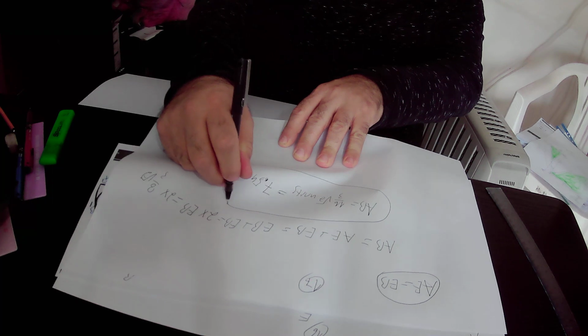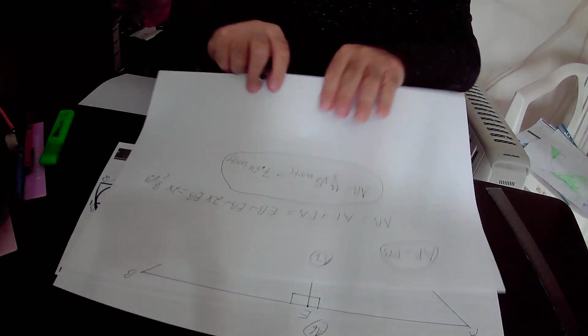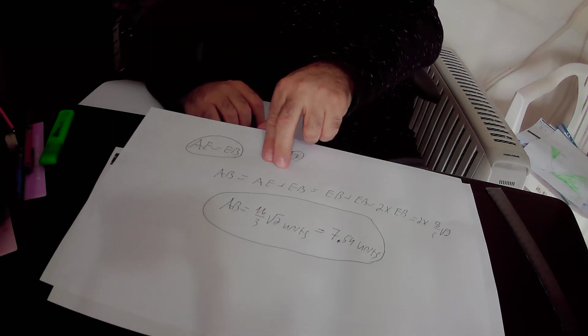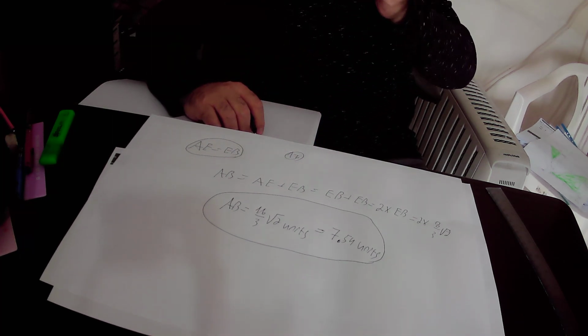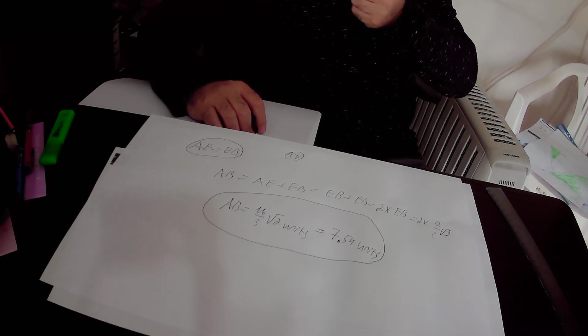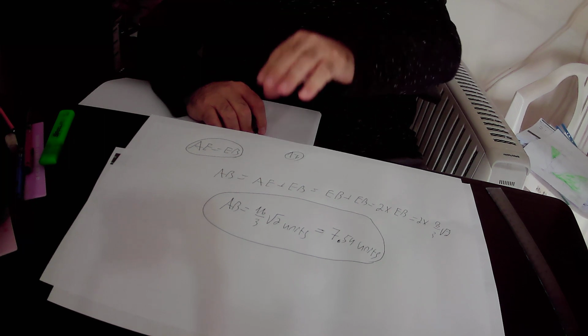I will repeat again. We found out that chord AB equals 16 over 3 times square root of 2 units, or in terms of numbers, the length of chord AB is 7.54 units.